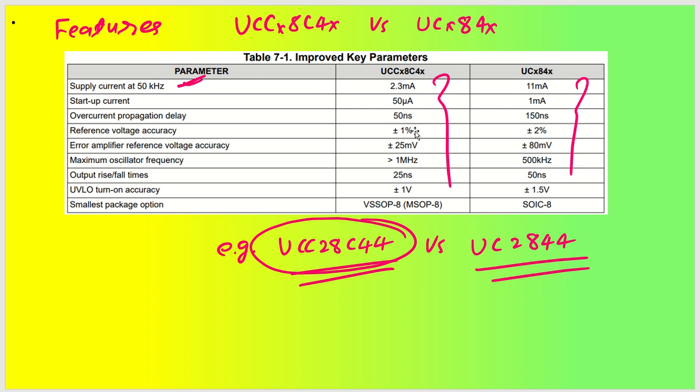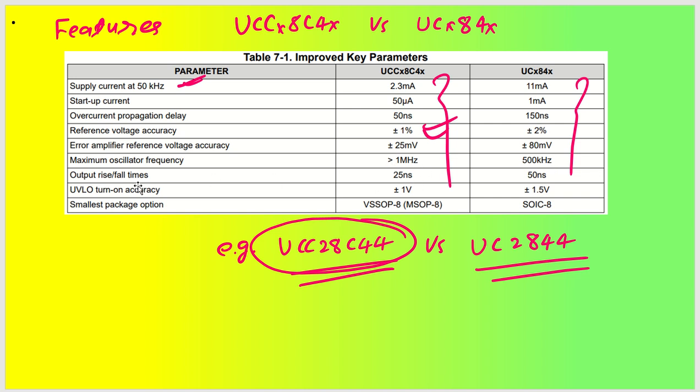The reference voltage accuracy is now plus or minus 1%; earlier it was plus or minus 2%. The error amplifier voltage reference accuracy is now plus or minus 25 millivolts; it was earlier plus or minus 80 millivolts. So there are a lot of improvements in the UCC28C series. The oscillator frequency was earlier up to 500 kilohertz, and now it is 1 megahertz.